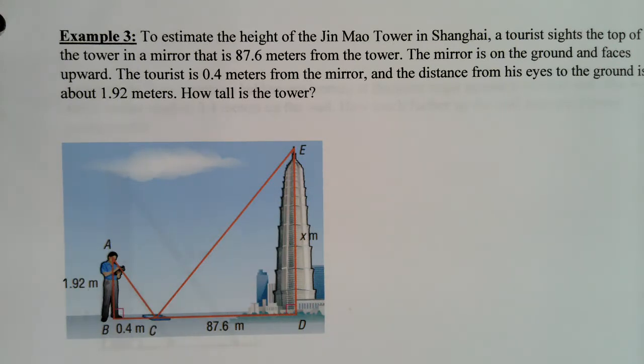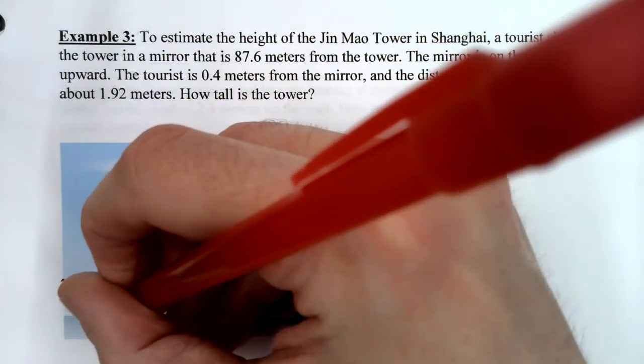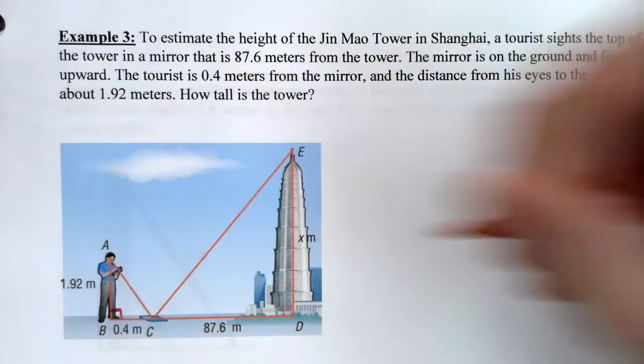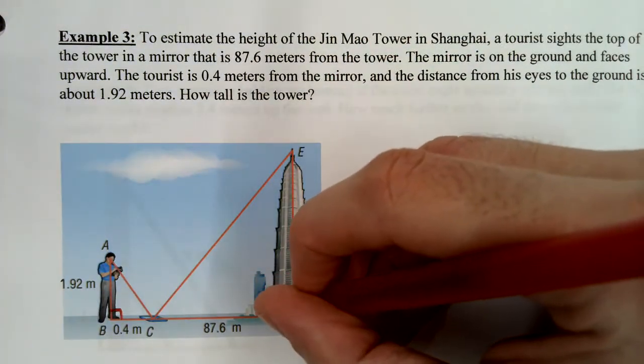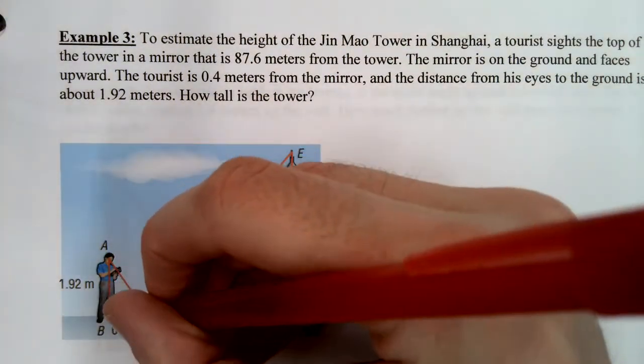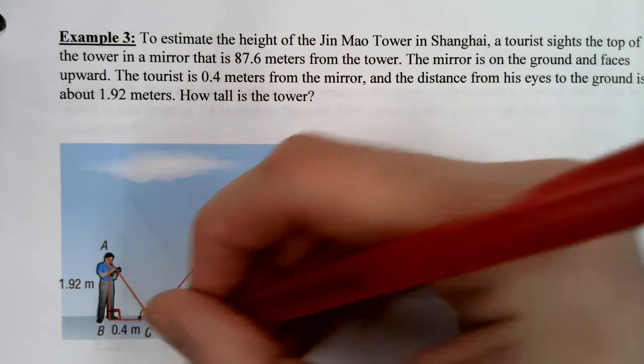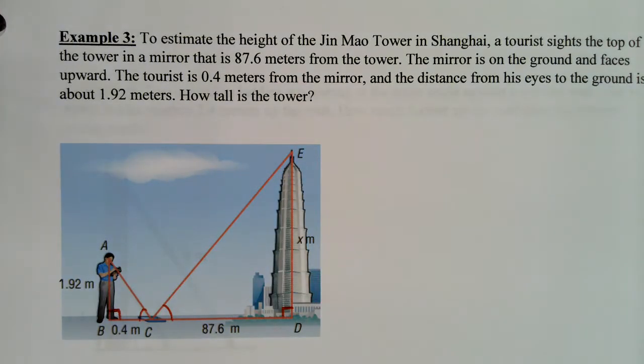Again, we have similar triangles because this is a right angle right there, and this is a right angle right here. And this angle is congruent to this angle. So let's set up our proportion and solve. Make sure all your numerators come from one triangle and all your denominators come from the other triangle.